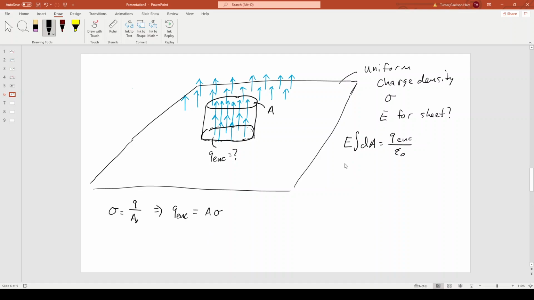And so now I have E integral dA is equal to sigma A over epsilon naught. And the integral of my surface area element is just going to turn out to be the total area.